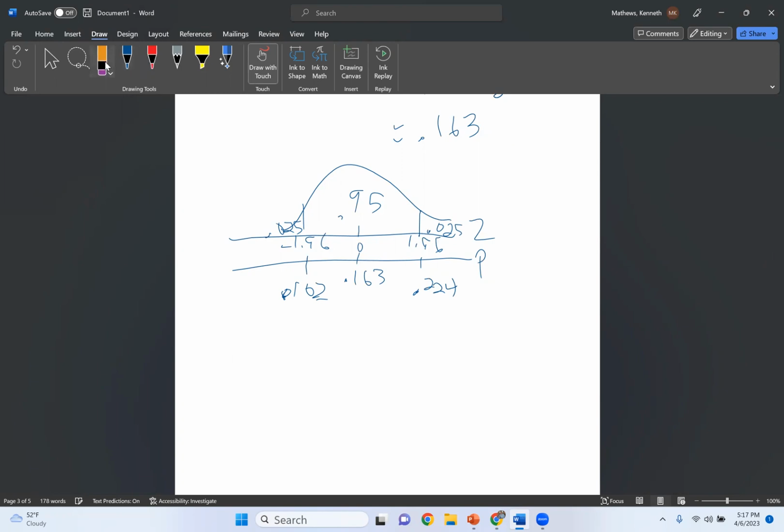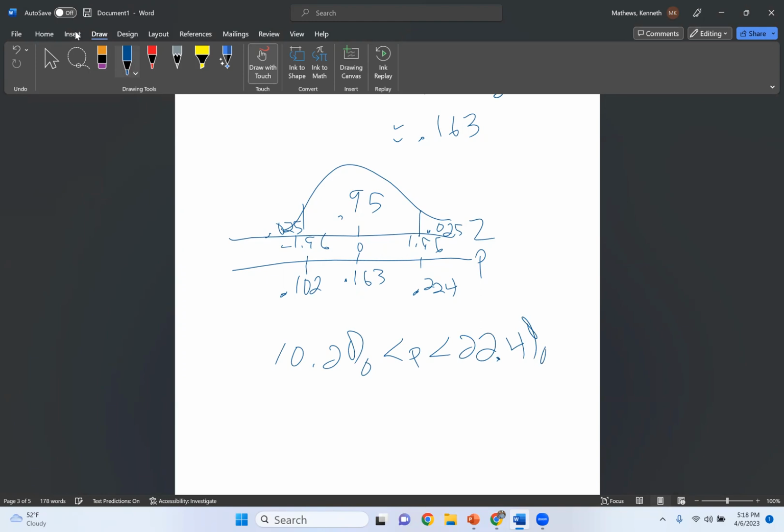That 0.102 looks terrible. 0.102, much better. So our confidence interval is 10.2% is less than P, which is less than 22.4%.